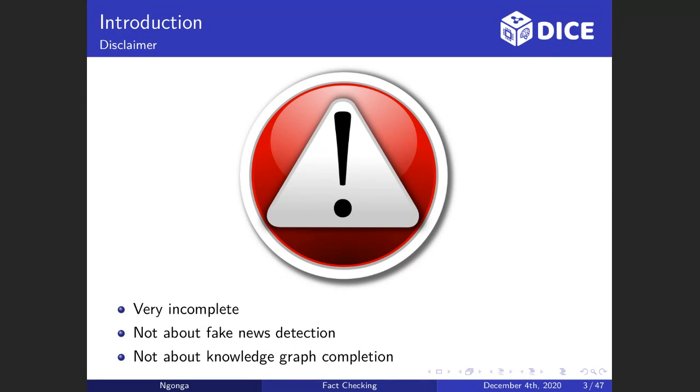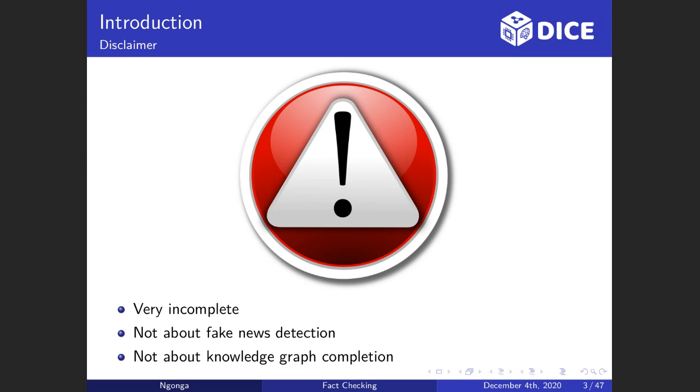And I'm also not going to talk about knowledge graph completion, which is very similar to fact checking, but it's done from the perspective of the whole graph. What we are interested in is not the whole graph, it's taking a particular fact in the graph and asking the question, is this fact true or not? That, I hope, situates what we're going to work on.